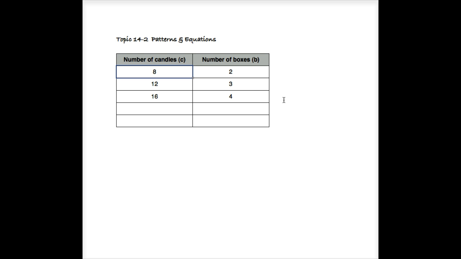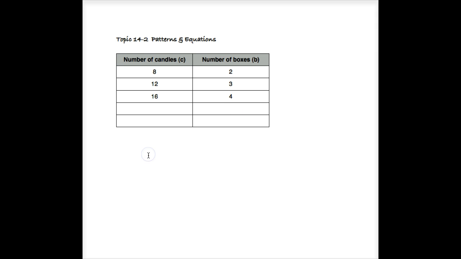So here we can see that for each value in C, it is 4 times as much as what is in B. It's the same here with 12 and 3. It's the same here for 16 and 4. And you may have already identified that pattern. But how can we write that?